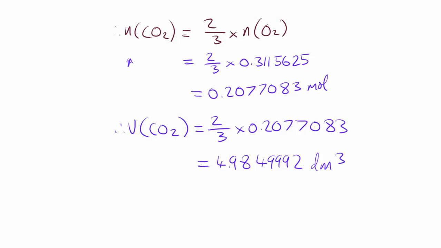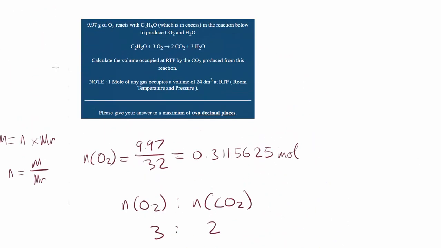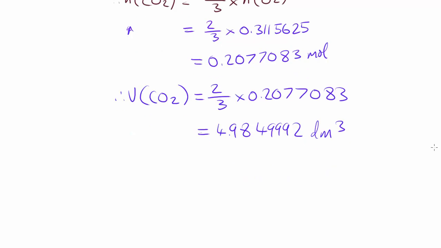Now we've got a volume value for our CO2, but we need to remember what we've been asked to do. We've been asked to give our answer to a maximum of 2 decimal places. So this isn't quite your answer, because it doesn't adhere to that requirement. If we now round this, we've got a 4 in the next place, so we can just round it down.